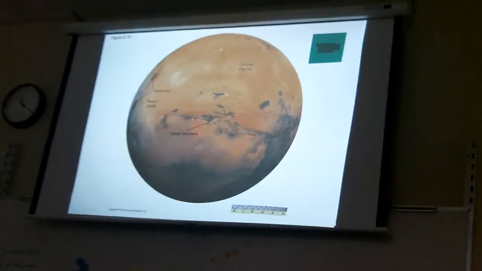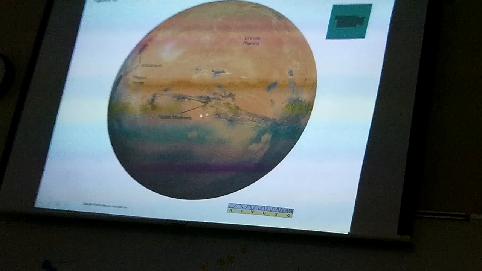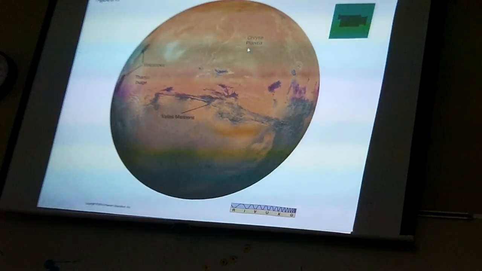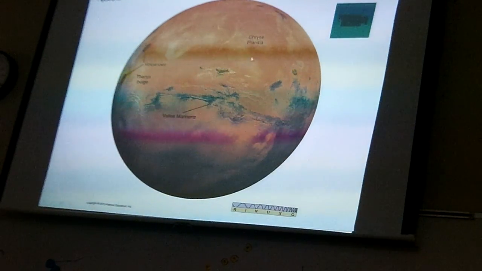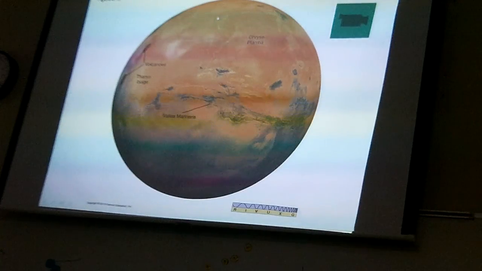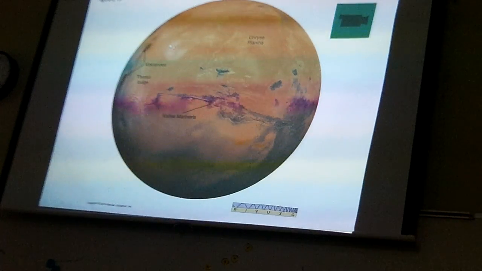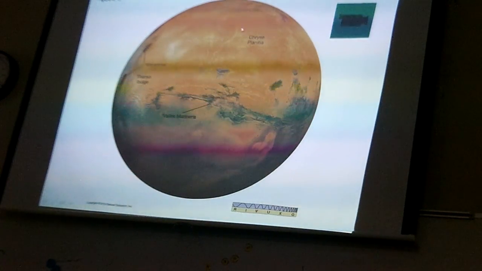We know the northern part is younger than the southern part as far as the surface features, because there are less craters on the northern part.